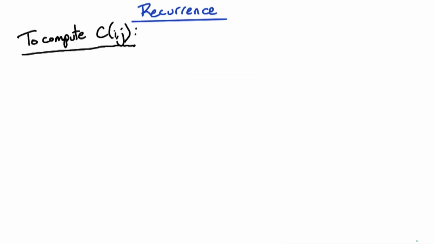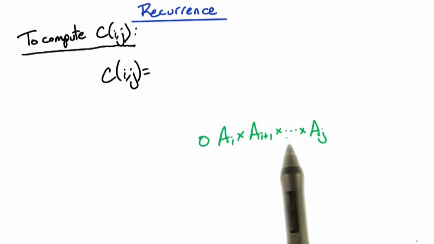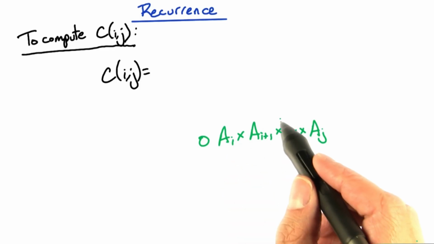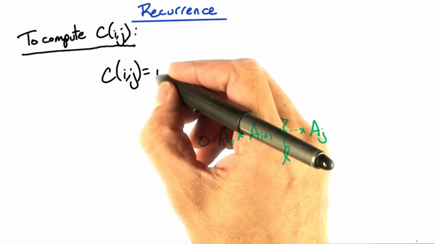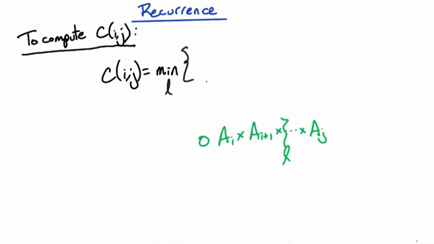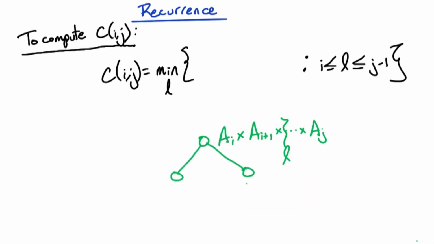Now let's go ahead and write a recurrence for C_ij. In our graphical view, this corresponds to the root of the tree, which corresponds to A_i through A_j. We're going to try all possibilities for the split at index L, and we're going to take the best of those. The best means minimum cost, so we're going to do a minimization over the choices of L, and L is allowed to vary between i and j minus 1. Now we have this left subtree and this right subtree.